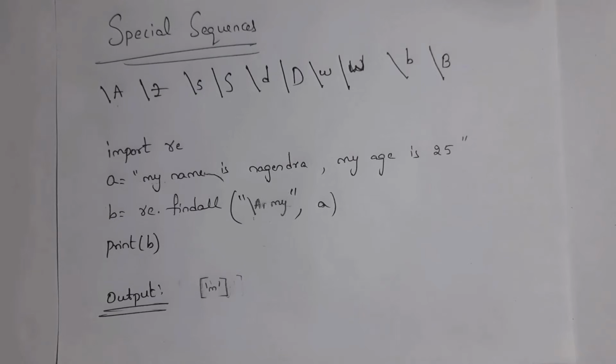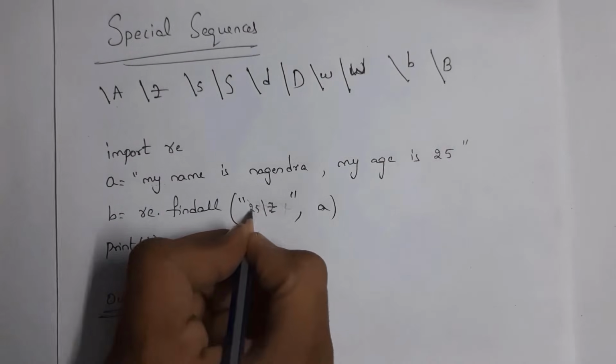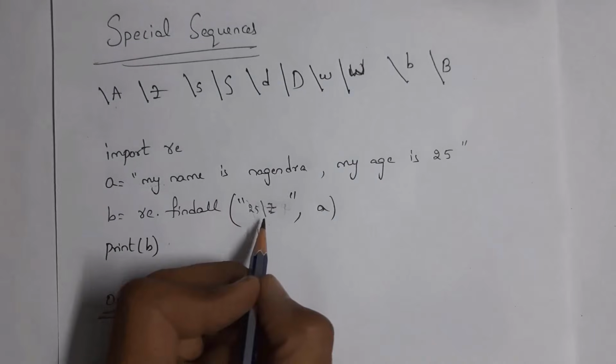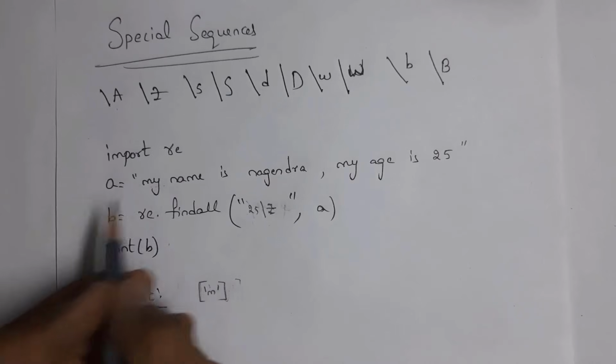Next I will explain what is the use of \Z. Where \A is used to identify whether characters are available at first or not, \Z is used to identify whether characters are available at last or not. For example, here I am writing 25 backslash Z. \Z will check whether these two characters are available at last or not in a given string.